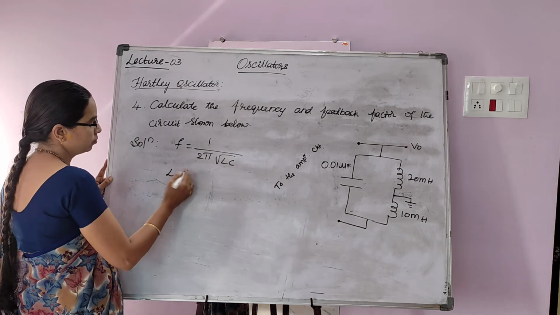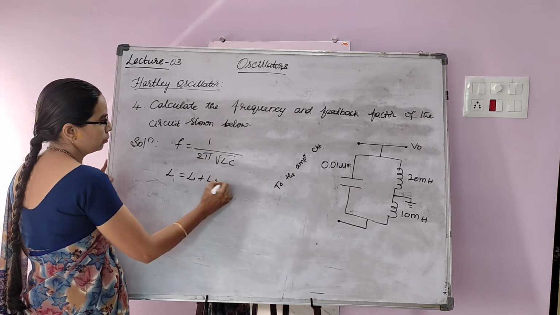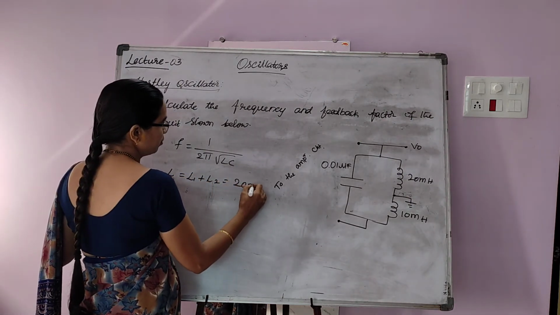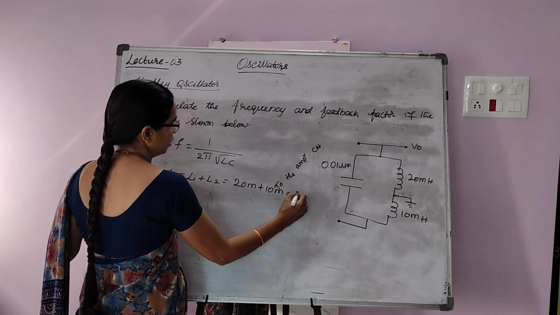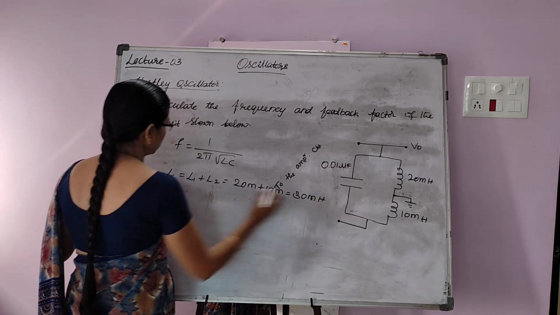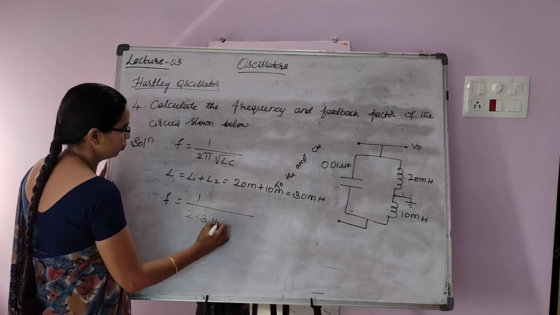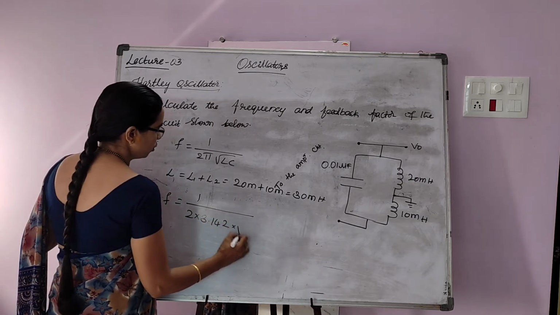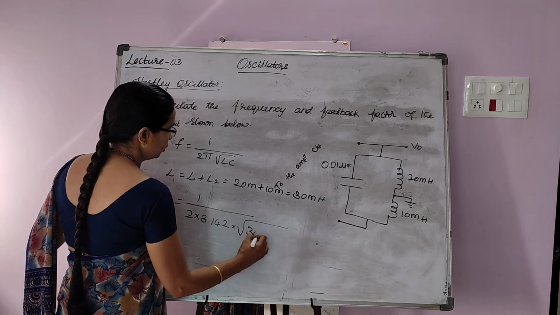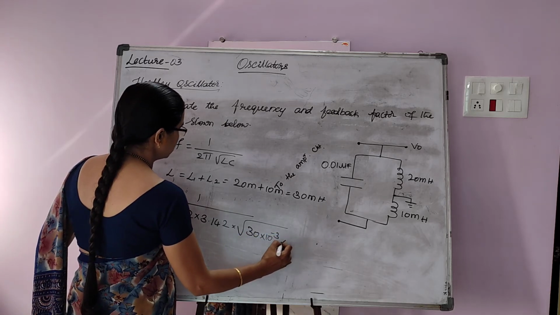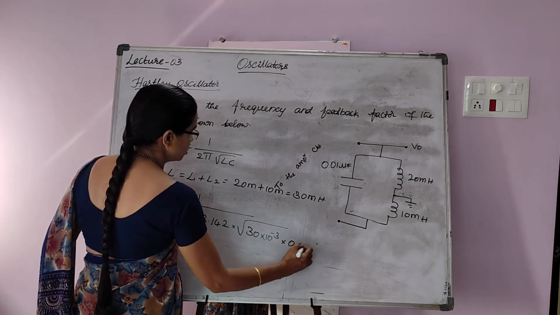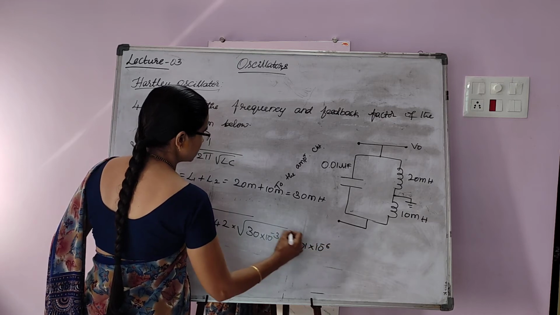L is equal to L1 plus L2, that is 20 milli plus 10 milli, 30 millihenry.